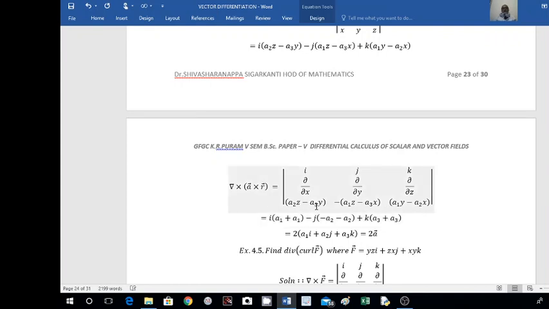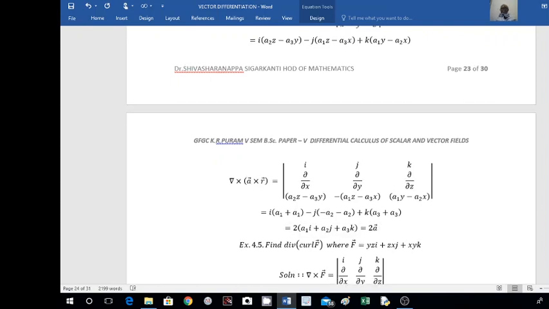Plus, okay, this into this minus, I have to write minus of ∂/∂y of this, derivative of this is 0. Here minus of minus, this becomes plus, ∂/∂y of this is equal to A3. So that is here A1 plus A1 is 2A1, minus, if I take common factor, this becomes plus here, A2 plus A2 is 2A2, this is our 2A3. So taking 2 common factor here, we write A1 i plus A2 j plus A3 k. This is equal to 2 into vector A.